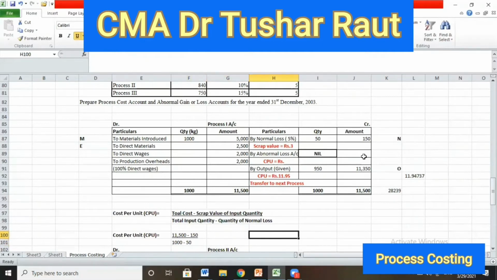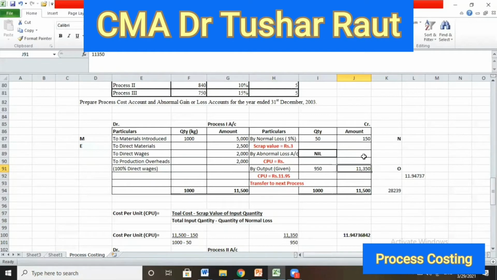So we can write over here 11,350 upon 950 as 11.947 and on. So this is how we calculated CPU.